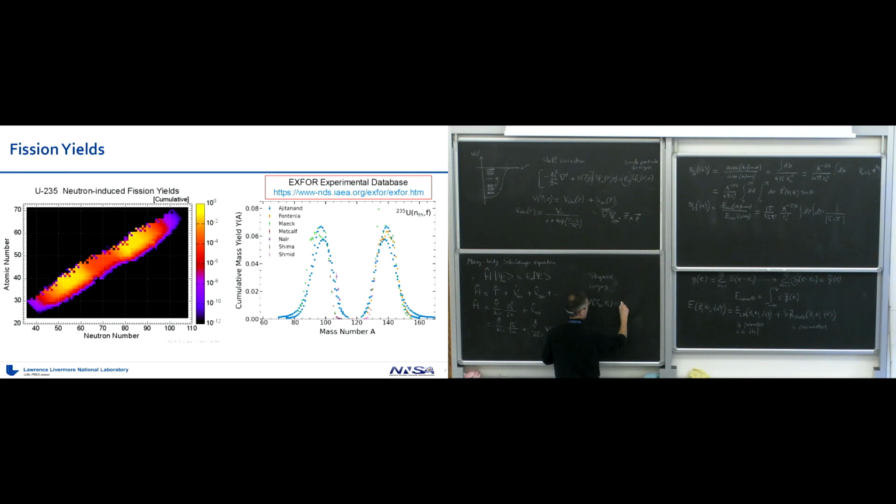So first of all, this is proportional to delta of r1 minus r2. So this is Skyrme. The Gogny potential is proportional to, as a finite range, so this is proportional to r1 minus r2 divided by some range mu squared. So that's the first difference between these two: one has a zero range and one has a finite range.